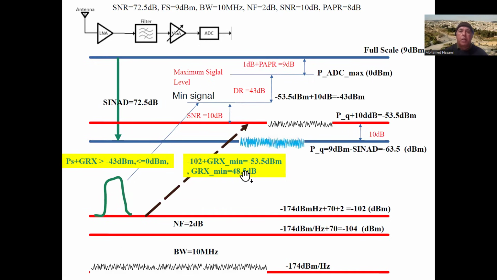Now that's including the variable gain amplifier. So that would be the maximum gain. Now likewise, if there is a strong signal in here, I want to make sure that that signal can never reach anywhere near 0 dBm. So meaning the maximum signal plus the gain of this thing in here has to be less than or equal to 0 dBm.